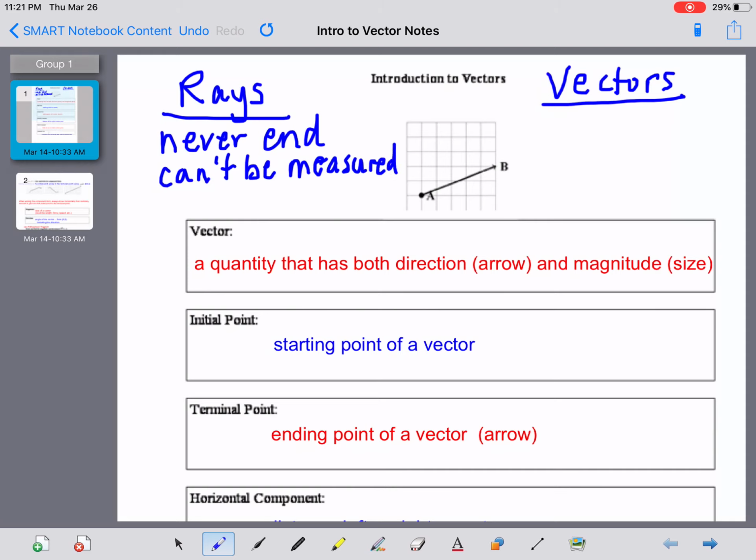Now, when we start with vectors, though, one thing I want to point out, the vectors do end. Okay, so they do come to an end, and in fact, they end right where that arrow is. And because they end, you can find its size.